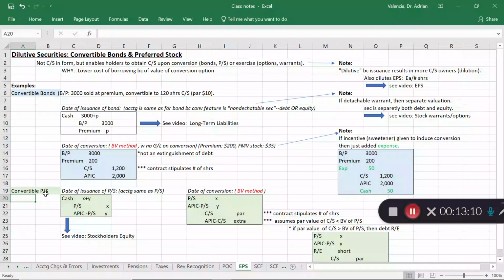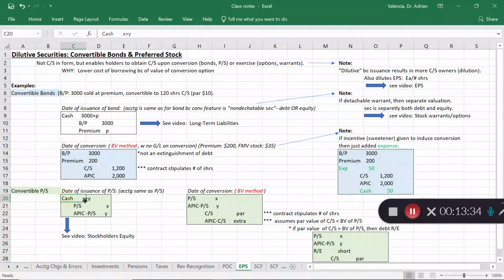So we'll do this one here in light green. On the date of issuance of preferred stock, this is the same accounting as you've done in the past. So if you want to look at the stockholders equity video, you can refresh your memory on that. But when you issue preferred stock, you credit the preferred stock par value, and then any additional amounts go to additional paid in capital.